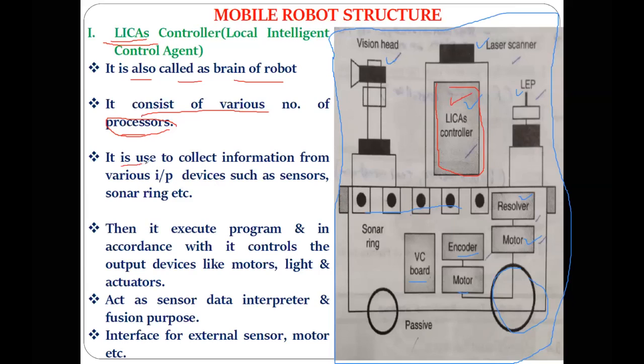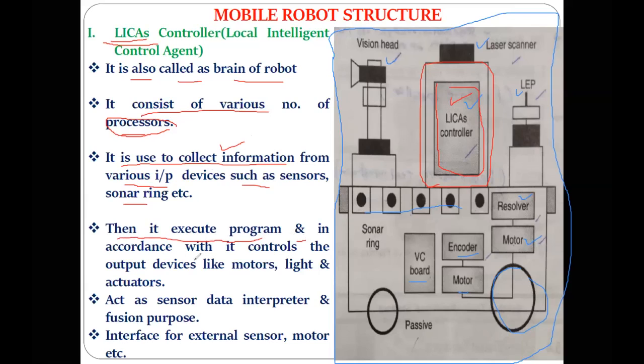It is used to collect information from various input devices such as sensors, sonar rings. We will discuss what exactly these sonar rings are, but you can see that different components are attached to this LICA controller. That is why I have mentioned it collects information from input devices such as sensors and sonar rings, and then it executes the program.